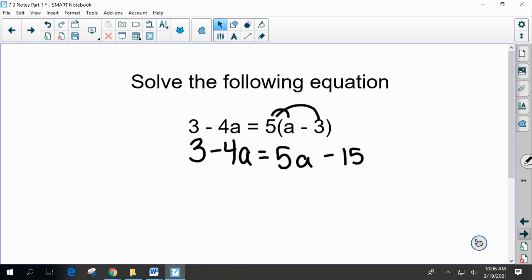Okay, so then if I move my smallest a, which one am I moving? The -4a, so how do I move it? Add 4a to both sides. So then 3 equals 9a minus 15.